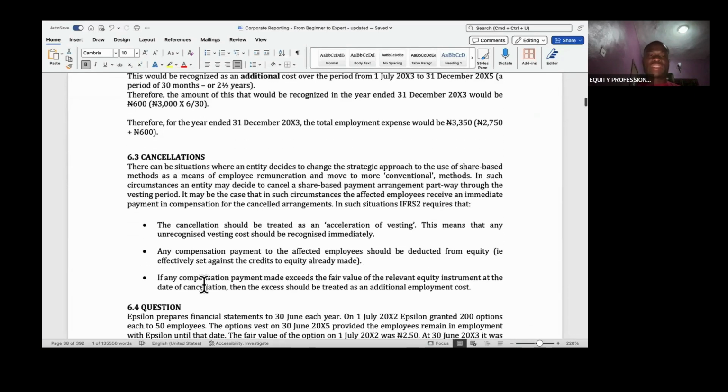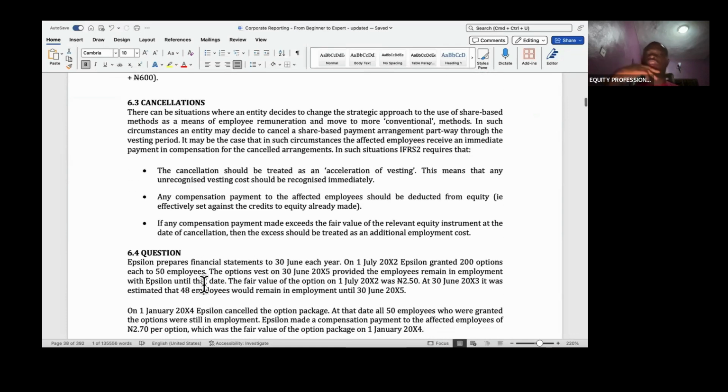Now, still under equity settled, there is what we call cancellation. So for cancellation, the employer is saying, I don't want to be involved with this share-based payment transaction anymore. I don't want to give shares to anyone anymore at vesting date.